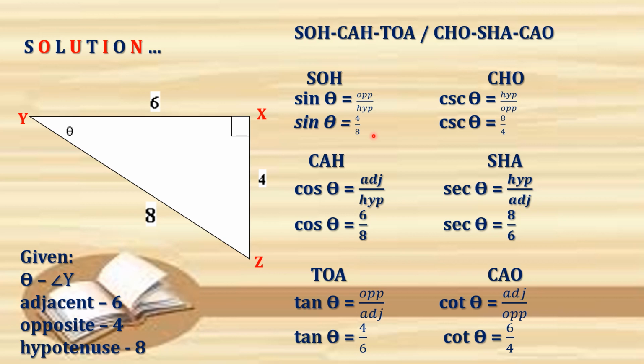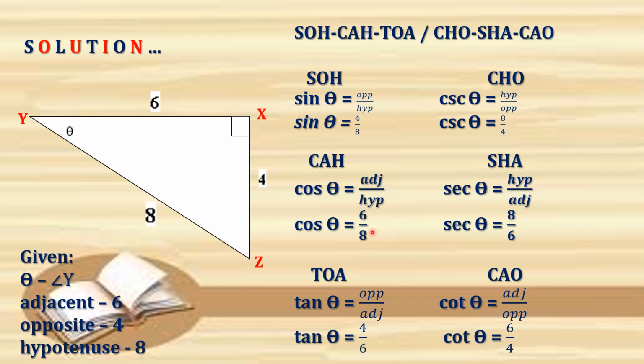Let's continue. CAH stands for cosine theta is equal to the adjacent over hypotenuse. So from the given, the adjacent side measures 6 over our hypotenuse, which is 8.